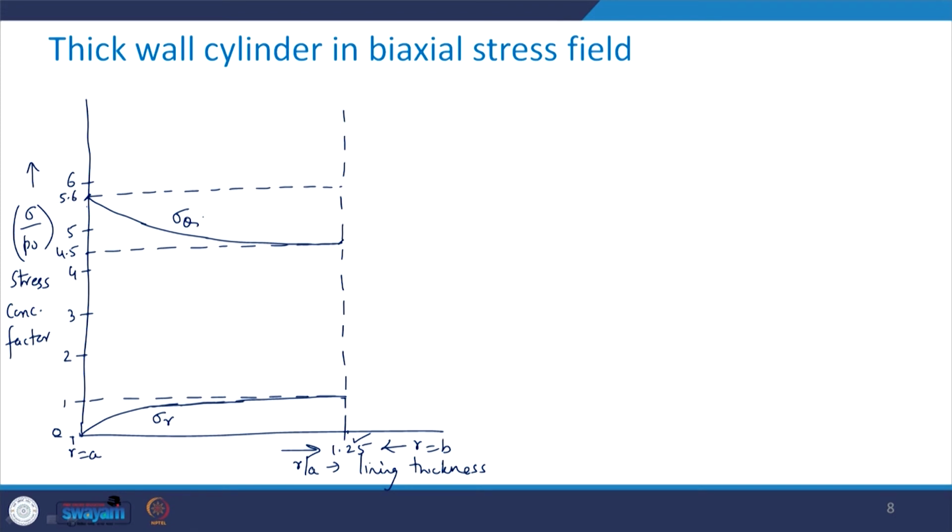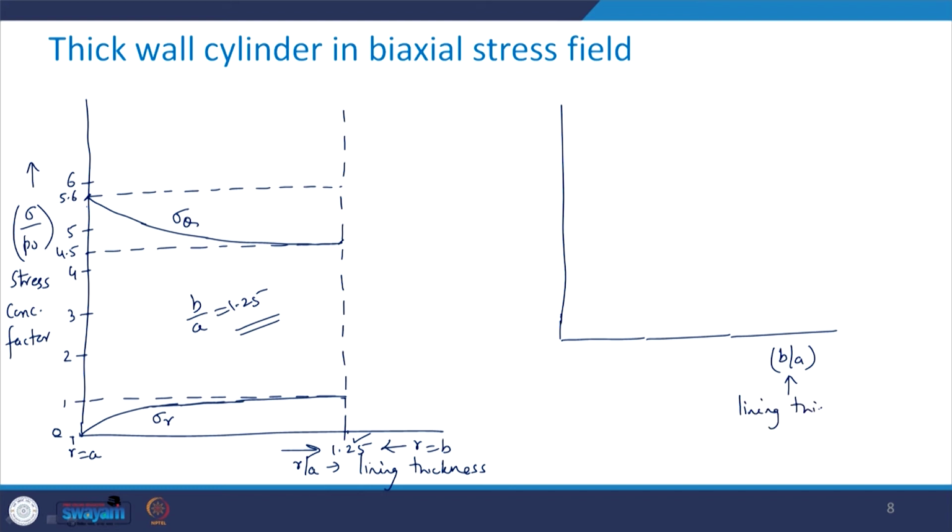Now, let us try to draw the variation of this stress concentration factor with respect to b by a, because in this case we took b by a equal to 1.25. Now, it is not necessary that always it will be 1.25. So, here I have b upon a, again this is the representation of the lining thickness and increasing in this direction, and here I have sigma theta upon P naught.